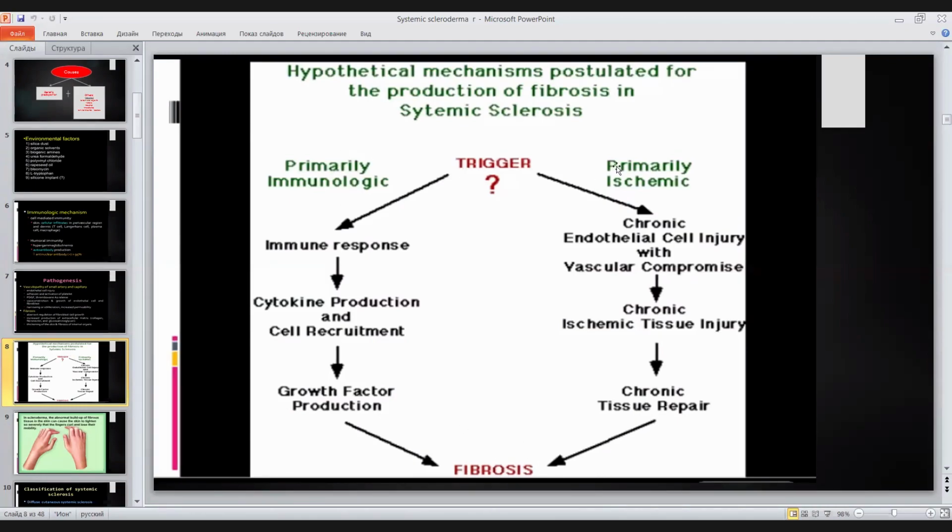But even if there is a primary ischemic cause, you should remember that this patient also has some genetic predisposition. That's why, whether it is immunological or primary ischemic, you should first of all say that in both there will be genetic predisposition present. That's why you should understand why patients with systemic scleroderma mainly work in a specific place like a factory working with chemical agents, because they also have trigger factors.